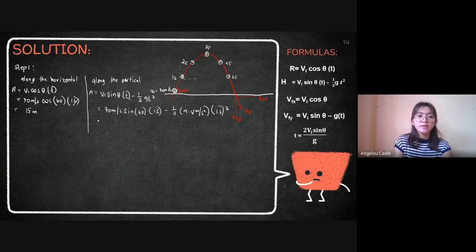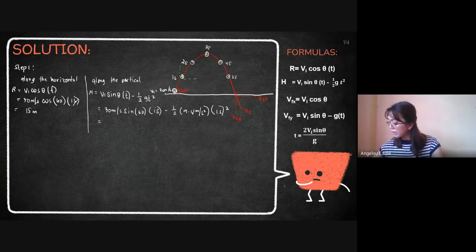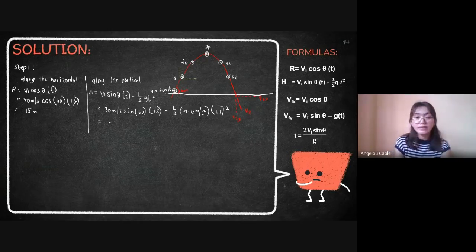Okay, so the answer here is 21.08 meters. So the position of the ball after 1 second for the horizontal component is 15 meters, and for the vertical component, it's 21.08 meters.